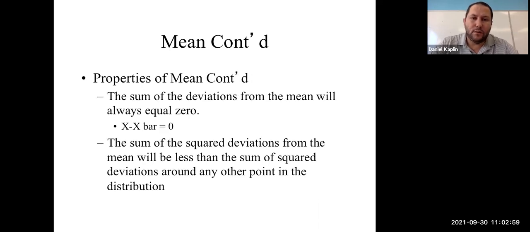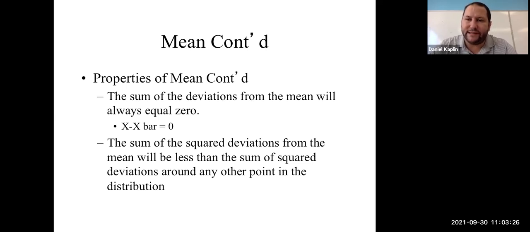Now, another thing, and this is going to be crucial for the next lesson I give on measures of variability: if we were to subtract the average from each individual score, the sum of all differences or deviations from the average would always equal 0.